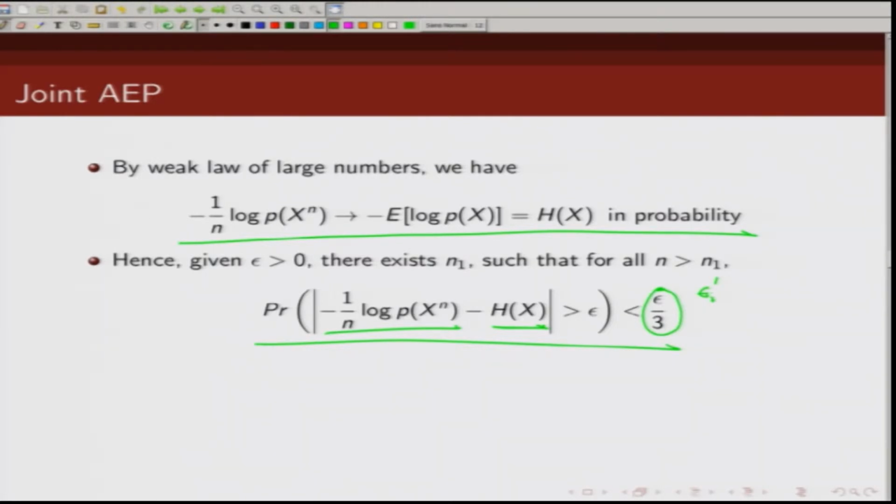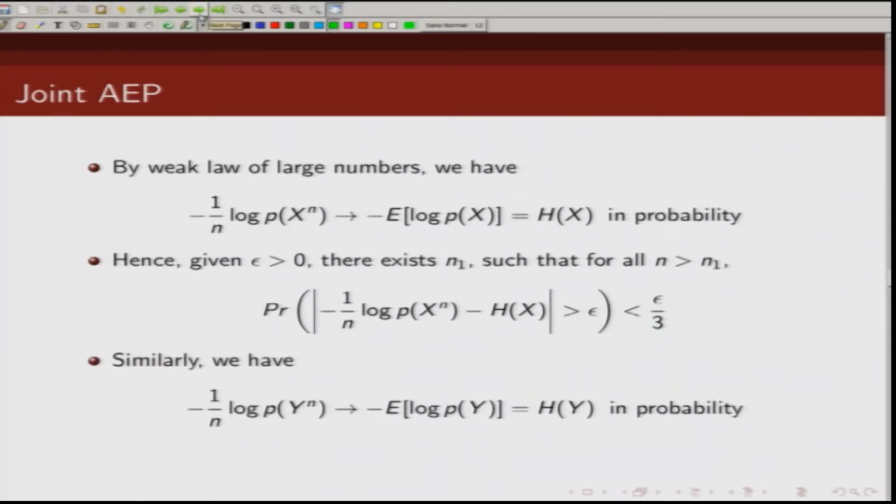So this is equivalent to the statement that minus 1 by n log of p of x^n converges to entropy, and this convergence is in probability. So this is an alternate way of writing the same thing.